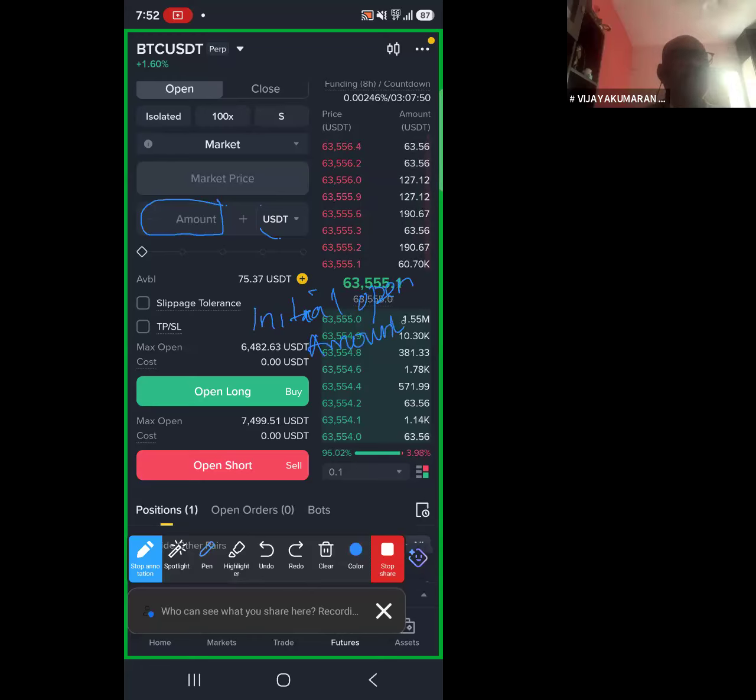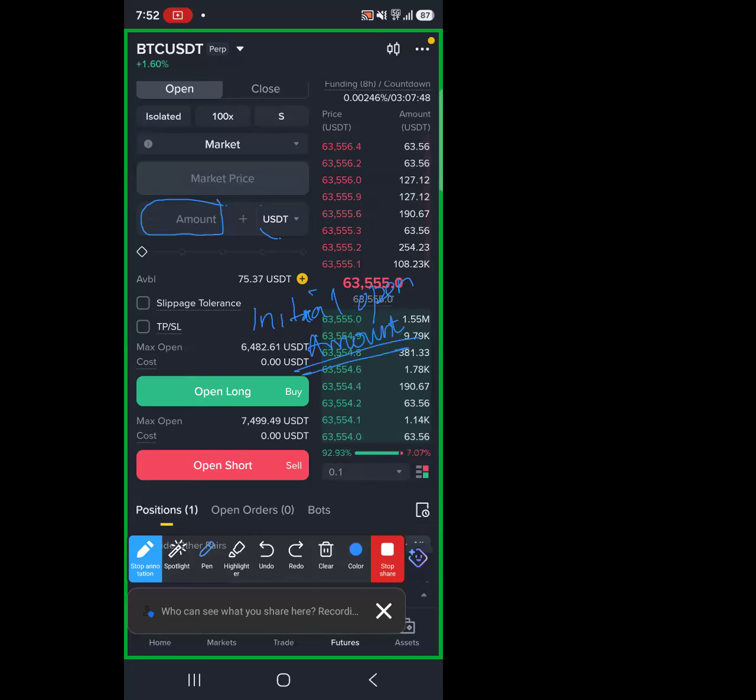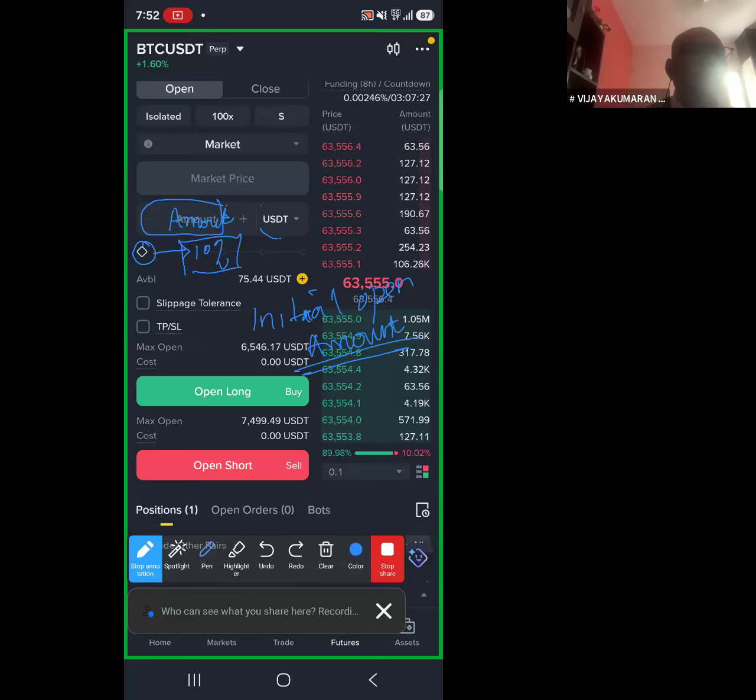That is the initial margin. Yes, it's like the initial margin, in other words. So, how you enter it, you can decide to specify the amount you want, or you can use this icon, you drag it to the percentage you want. You understand? The percentage you want.